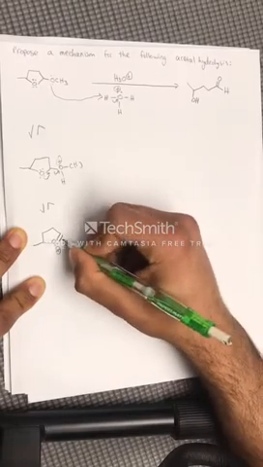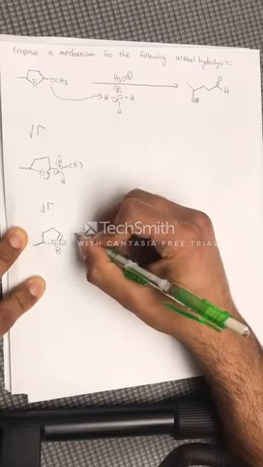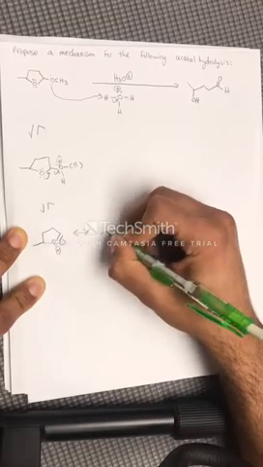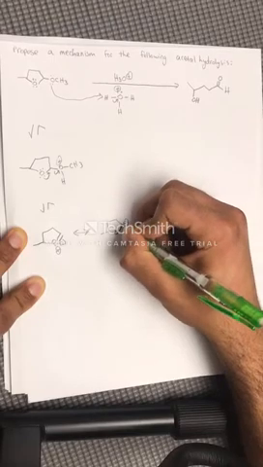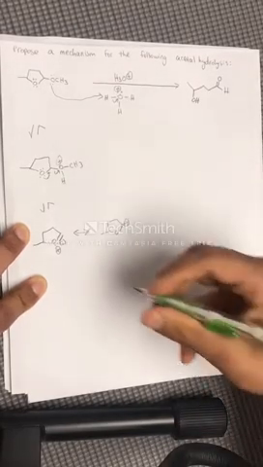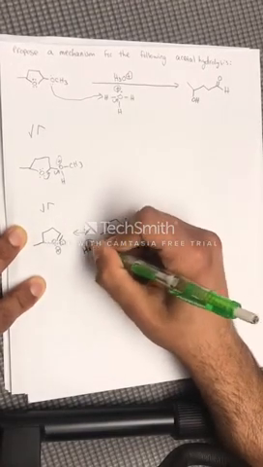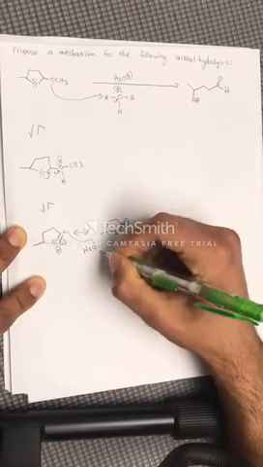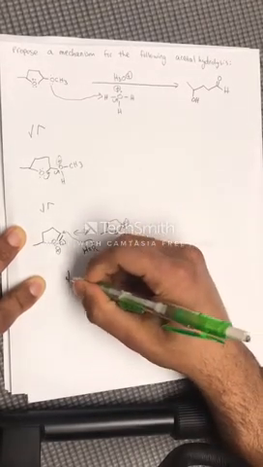This guy, you can make a resonance of it, putting these electrons back onto oxygen. Double-headed arrow for resonance. And you can see that this carbon here is positively charged. It's electrophilic. So in the next step, water attacks the electrophilic carbon. Whether you show it attacking there, or on this resonance form, it doesn't really matter.